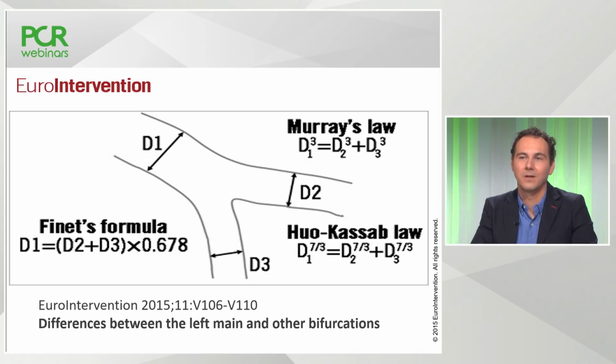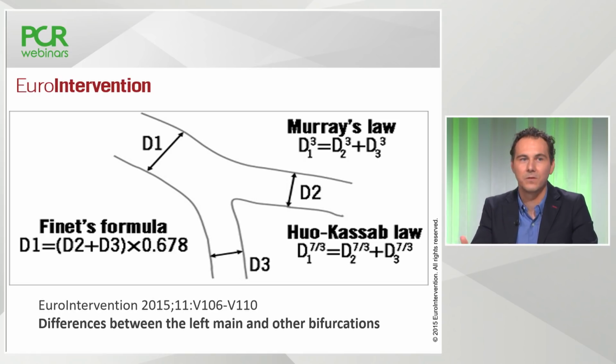But first the anatomy. Benjamin, could you talk a little about why it is important to take care of the anatomy of a bifurcation? So it's quite simple, and as Adrian just said, Mother Nature makes a bifurcation like that. The proximal vessel is bigger than the distal vessel when this vessel is giving some branches.